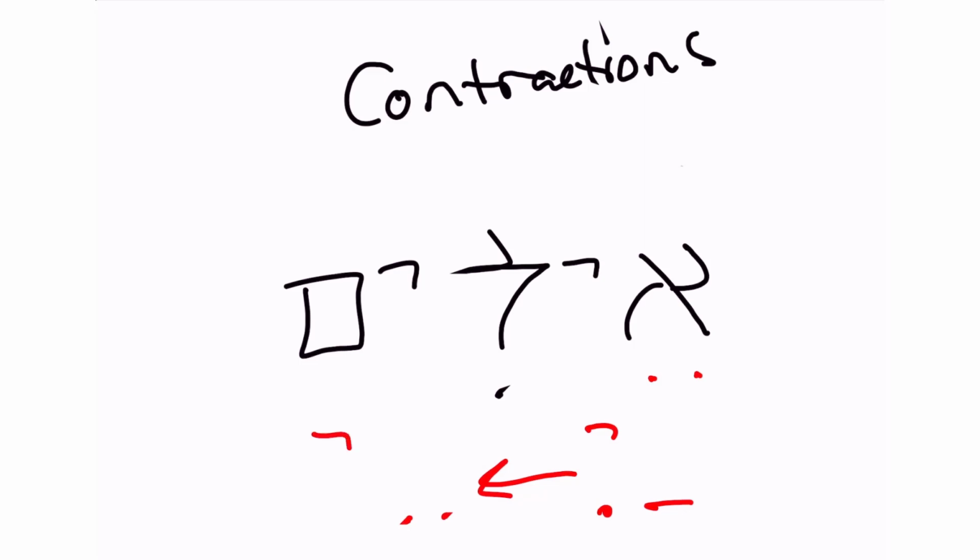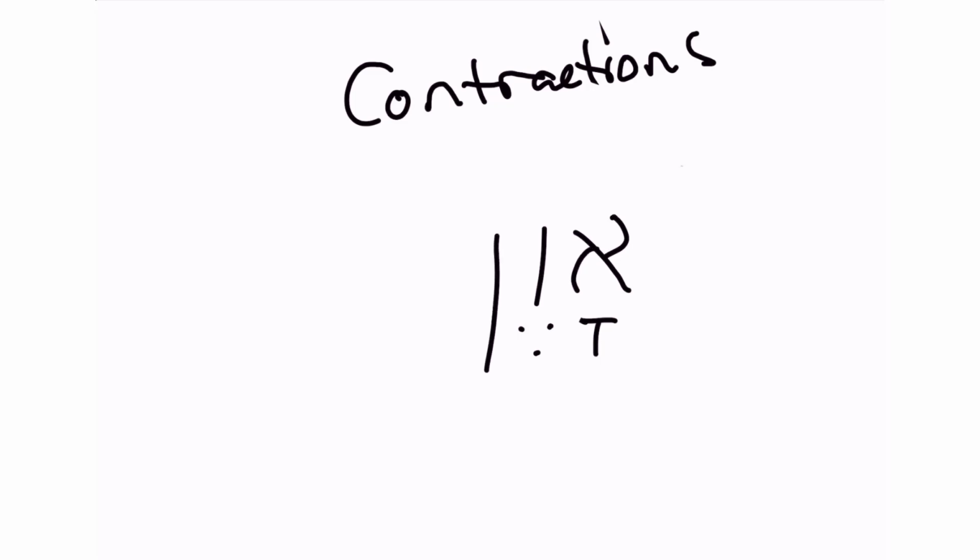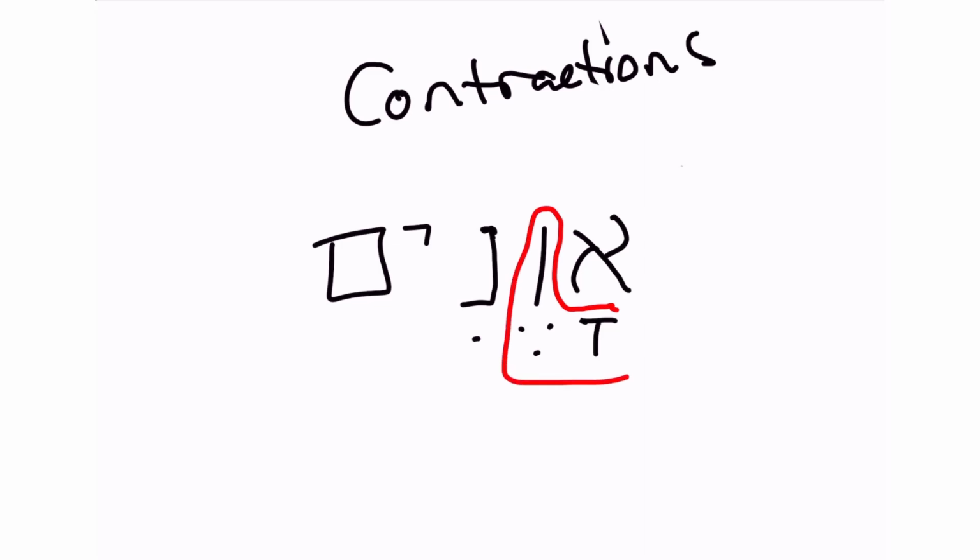A similar contraction takes place with avé. So the word aven, trouble, if it's pluralized, this avé vowel pattern will contract to o, onim.